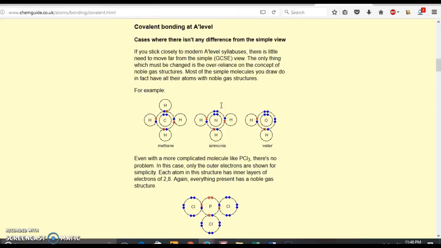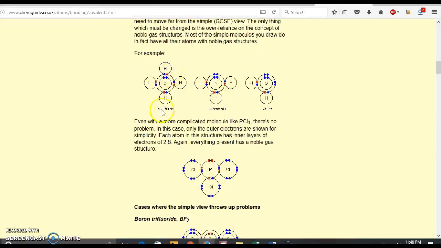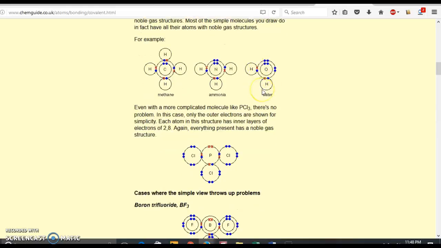Now here we see a couple more covalent compounds. We have methane, which is sharing 4 electrons with 4 hydrogen atoms. We have ammonia, which is sharing 3 electrons with 3 hydrogen. We have water, which is sharing 2 electrons with 2 hydrogen.